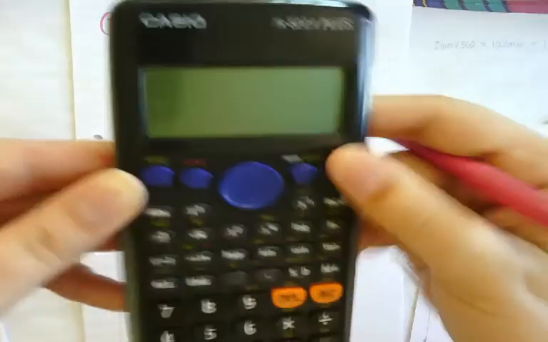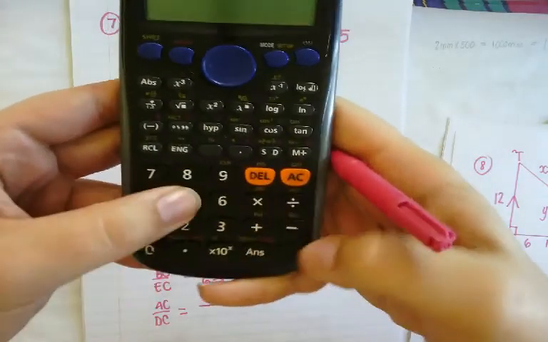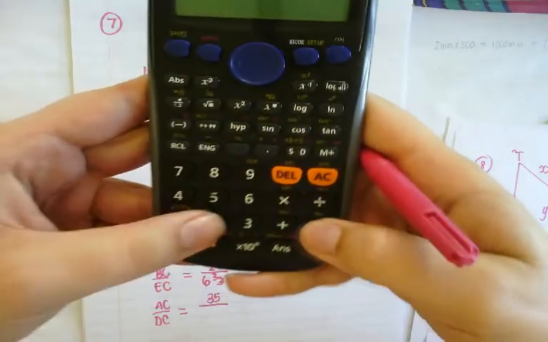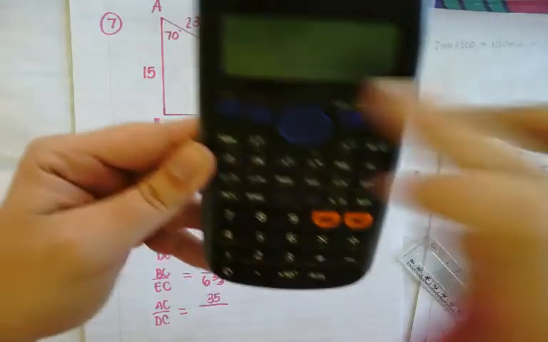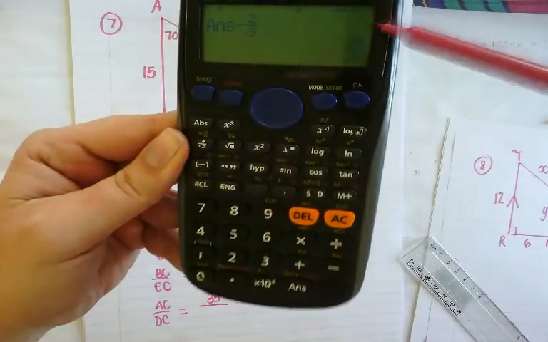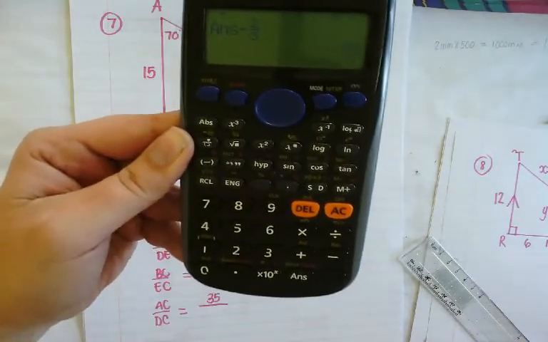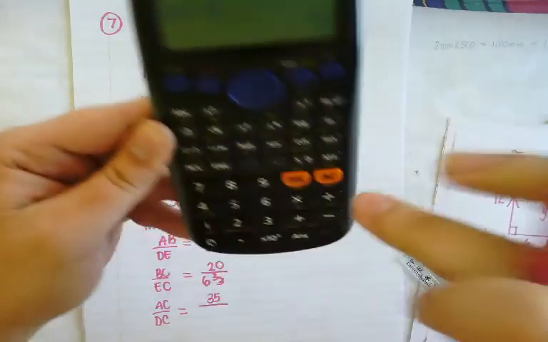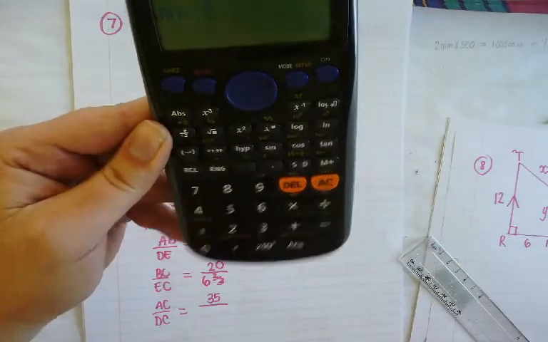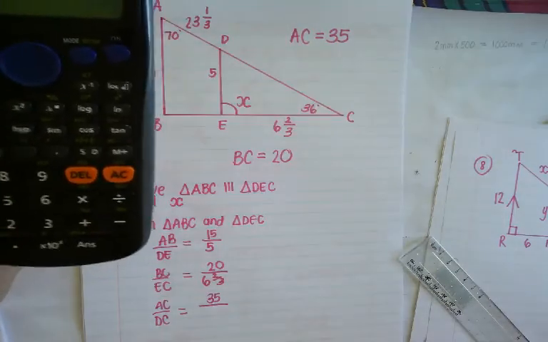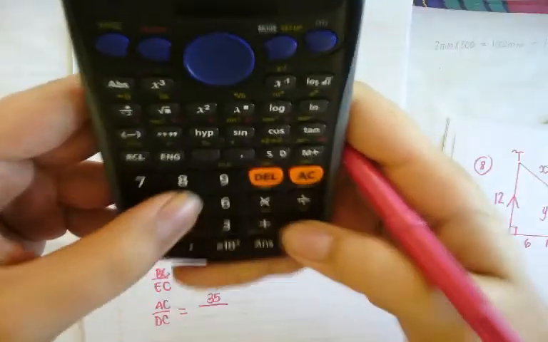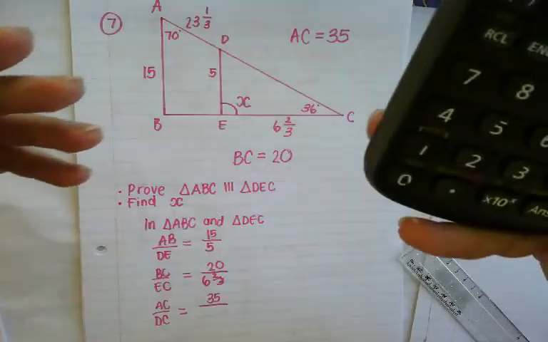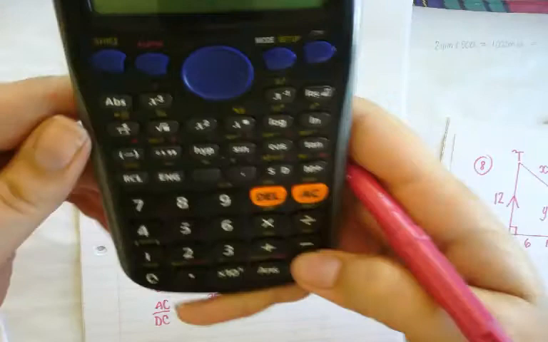So what you could do instead is you could say 35 minus 6 minus 2/3, and that gets me what I need to know. So you can leave it as 85 over 3 if you wanted to. 28 1/3, which also doesn't make any sense. What did I minus? Oh, right. Oh, yes. Okay.